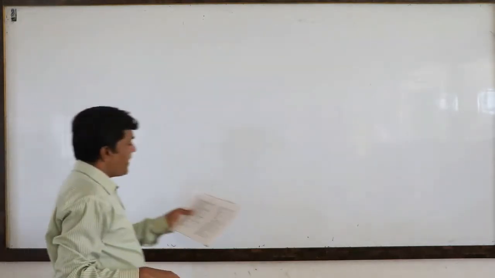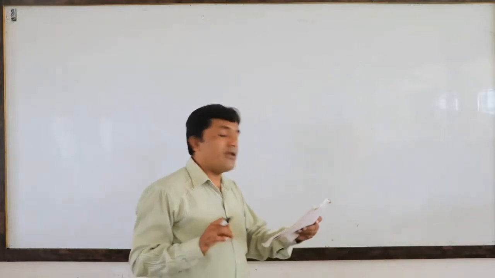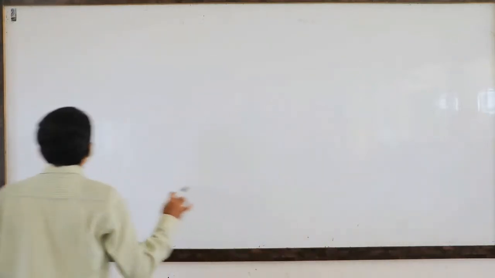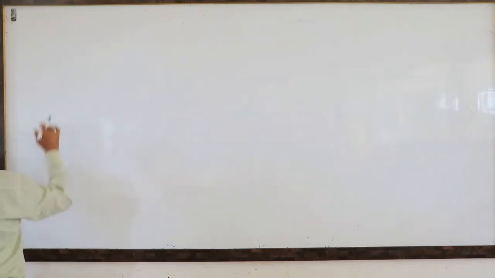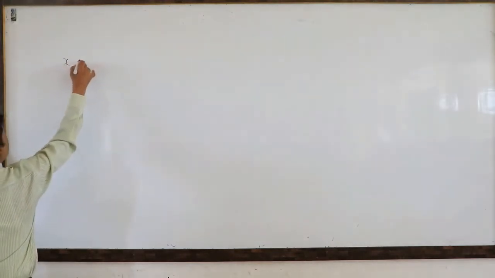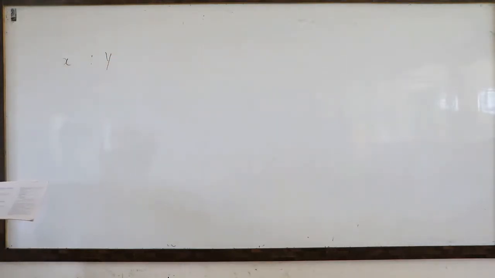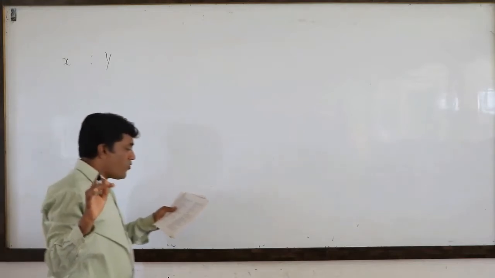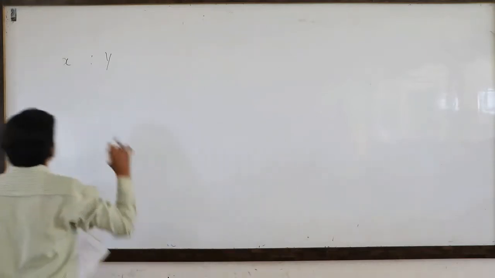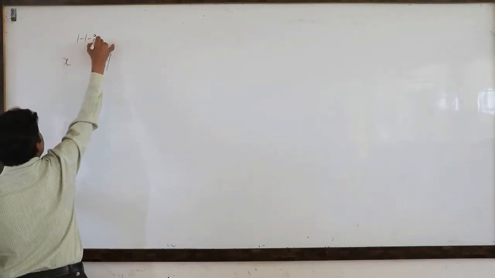Dear students, here I am going to read the question. You can see it in the image I sent. There are two partners, namely X and Y. They commenced the partnership business on 1/1/2016.